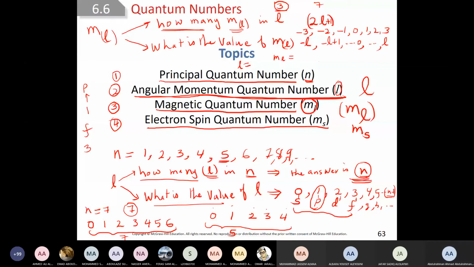Count them: 1, 2, 3, 4, 5, 6, 7. That's how many solutions we have. Is this clear?